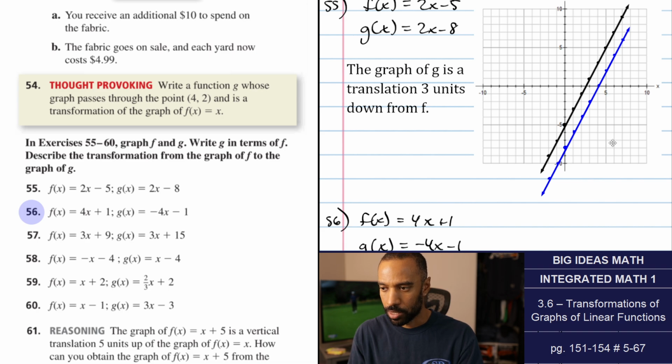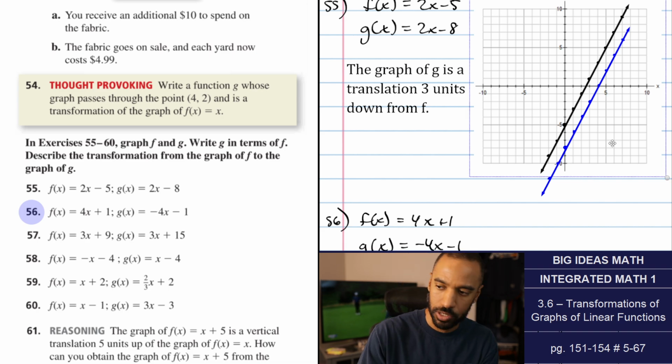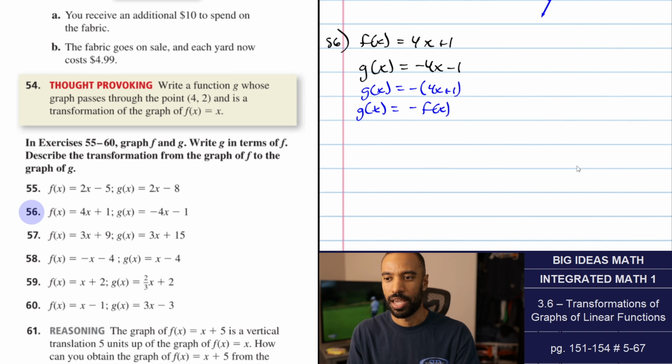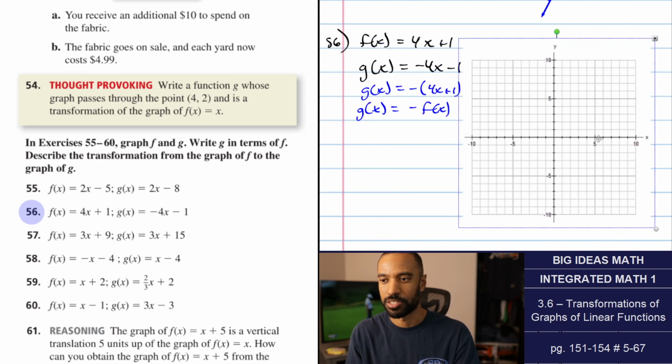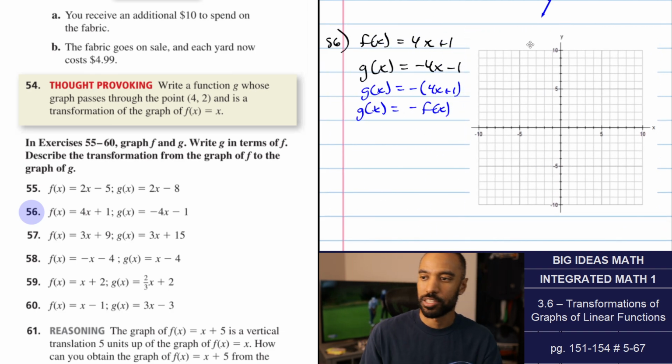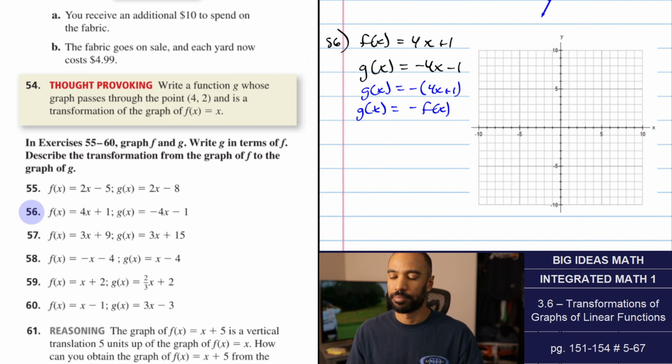I have to copy this graph over. Let's see if this works. Control C, paste. Yes. Okay, so f of x equals 4x plus 1. I still have to graph, and let's see if we can just do a reflection in the x-axis. So positive 1 y-intercept and a slope of positive 4 over 1, like so.